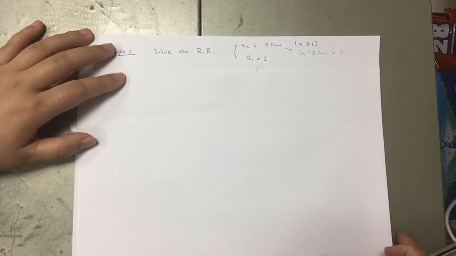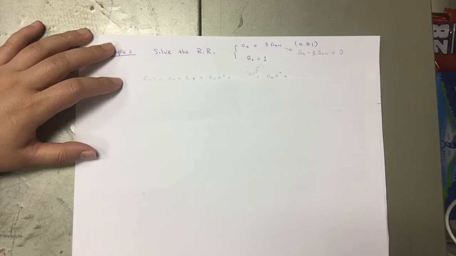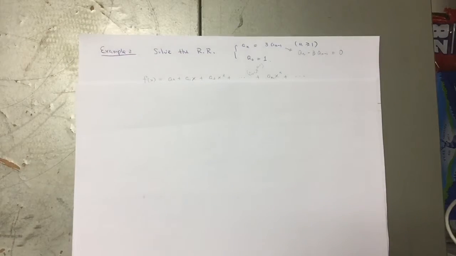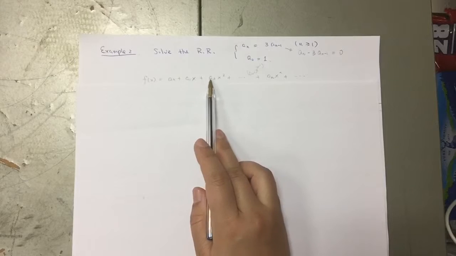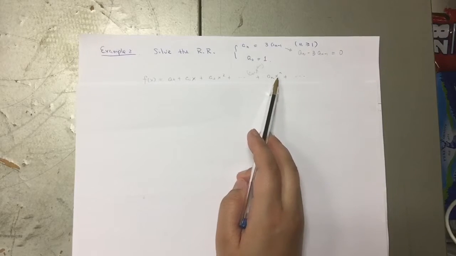Now to start, I will just write out the general form of the generating function f(x) for the sequence a_n, which says f(x) equals a_0 plus a_1 x plus a_2 x squared, and so on. In general, that's a_n x^n.